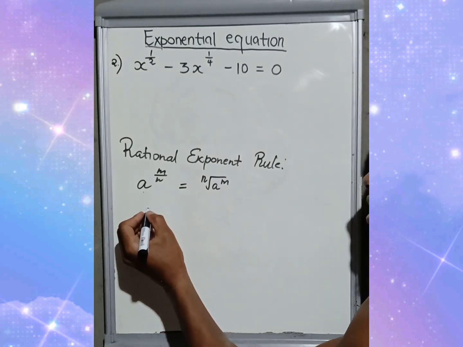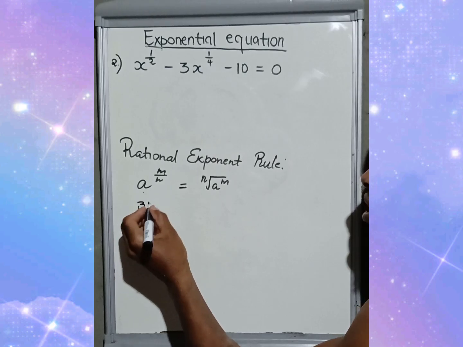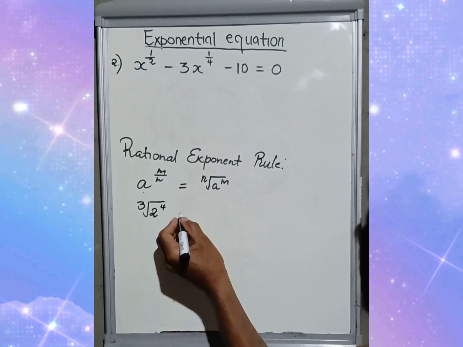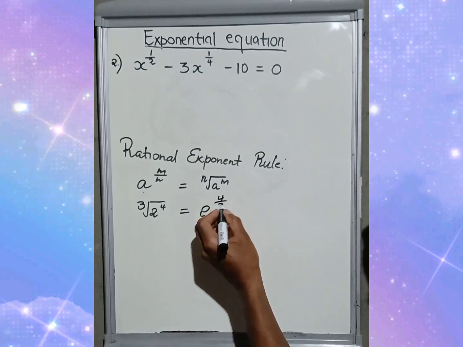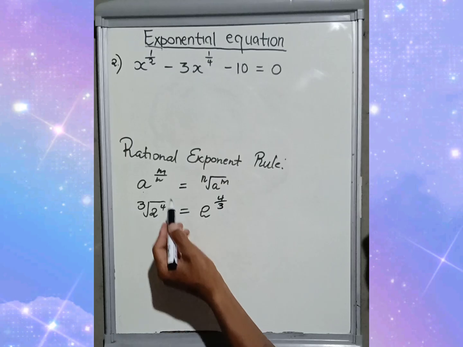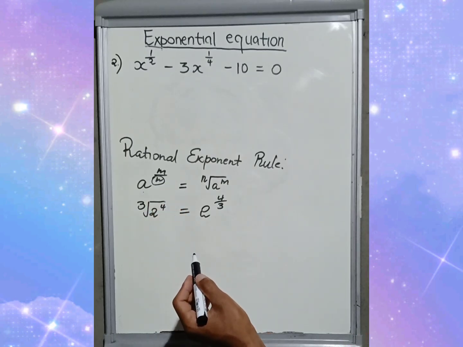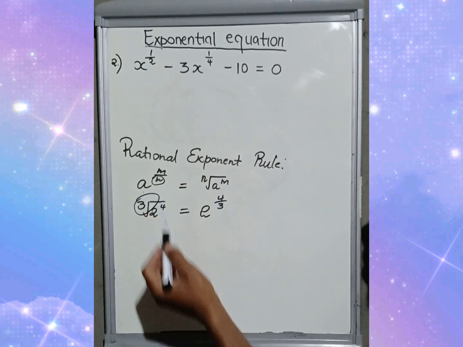Then for example, again, Mr. Good, if we have 2 raised to 4 over 3, the number that is the denominator of the fraction goes in the radical sign.